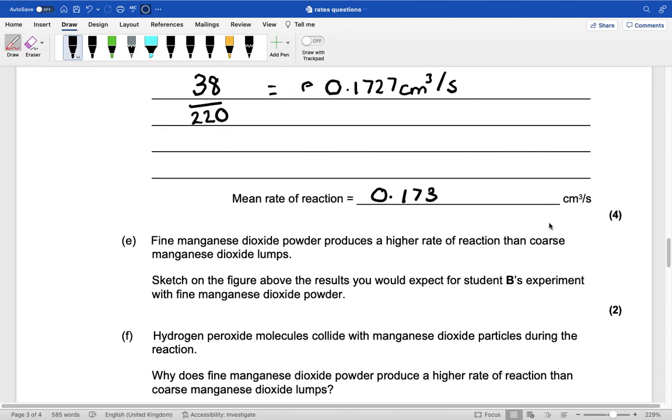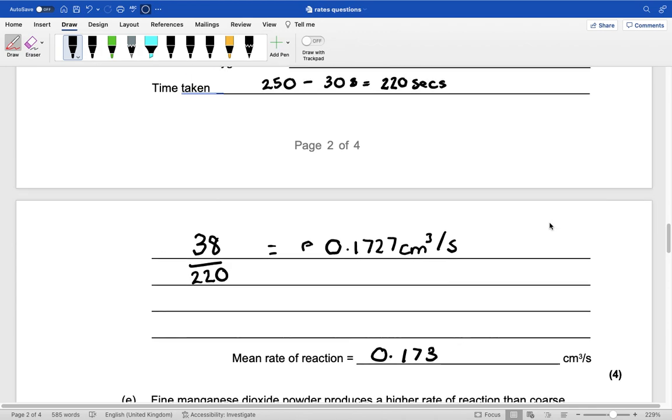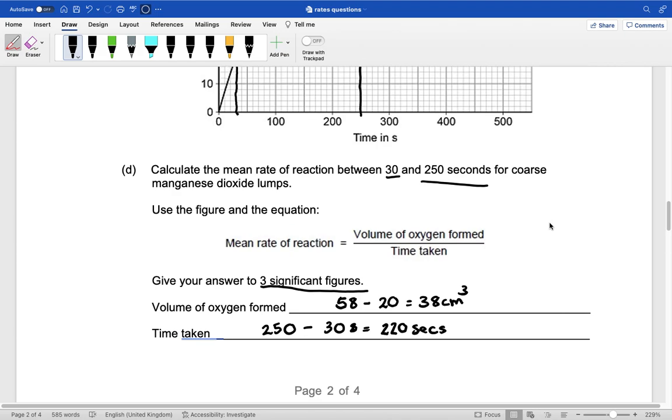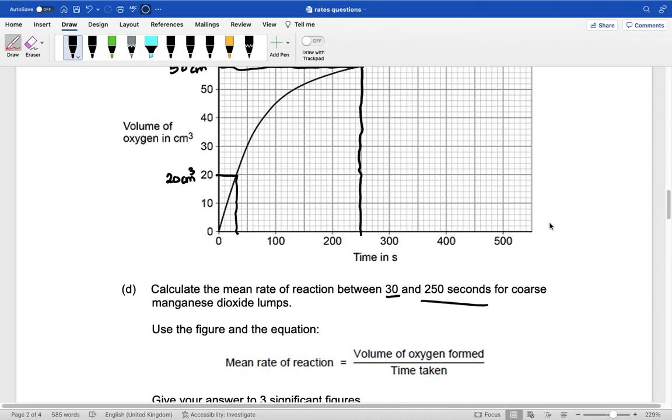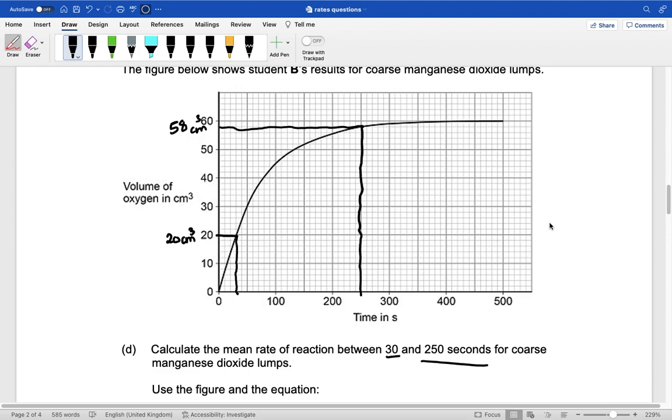So what we're going to assume is that the volume of the hydrogen peroxide is the same, and the mass of the manganese dioxide is the same too. So what I'm going to do is erase this off here, just so that we can see it a little bit better.